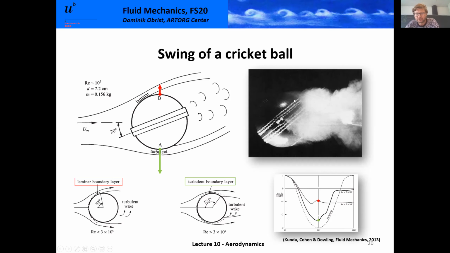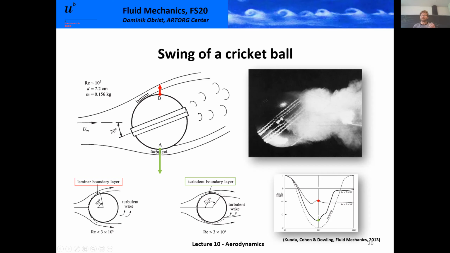Cricket balls look like the one shown here on the right. It's a ball about that size, and it has, I lost the word, a suture going all around the circumference of this ball. The suture stands out a little bit. This is schematically shown here on the left.